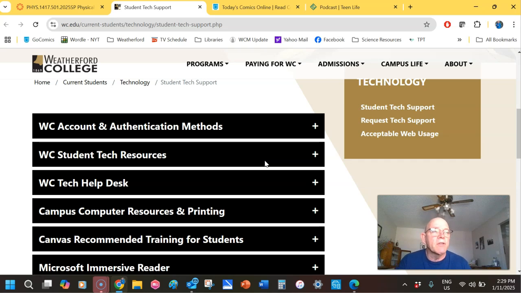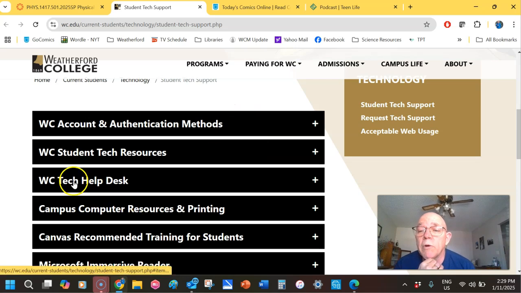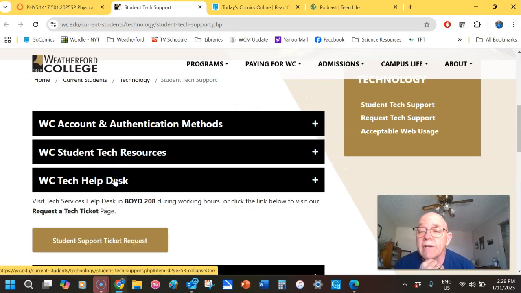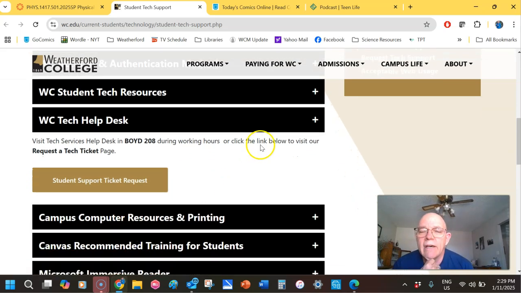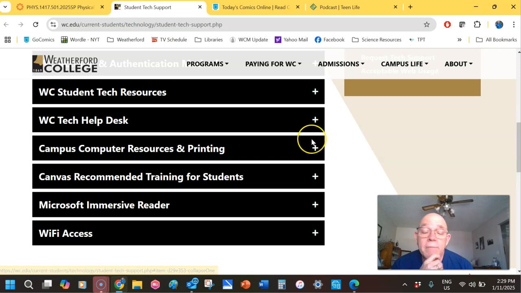Generally, though, if it's a computer problem, a lot of times all I can tell you is unplug it and reboot it and go back again. But there's a help desk, and they're usually pretty good about getting back to you fairly quickly. Right here, the Weatherford College Tech Help Desk, if you click on that, you can put in a ticket and say, here's my problem, and hopefully they'll get back to you in good time and help you with that.